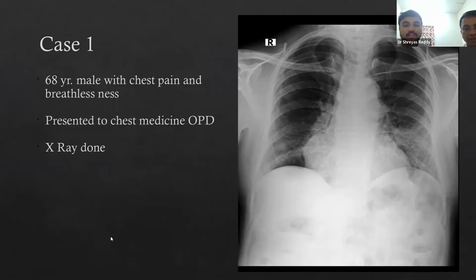What is your most common differential? How do you say where this mass is located, Dr. Shreyas? Since it is silhouetting the right heart border, I would assume this mass to be somewhere related to the middle mediastinum. Okay. To further delineate its anatomical characterization, I would like to do a CT. What is the plausible diagnosis that you are keeping in mind?